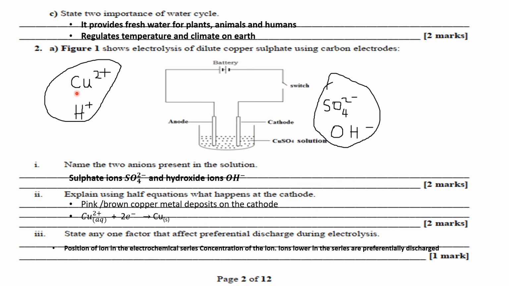So in this case, there are more copper ions than hydrogen ions. Therefore, copper ions are the ones to be discharged here.